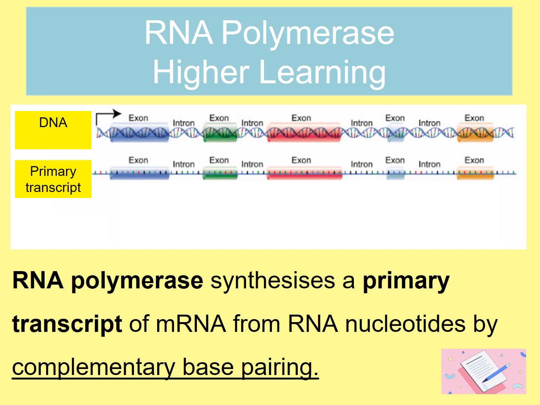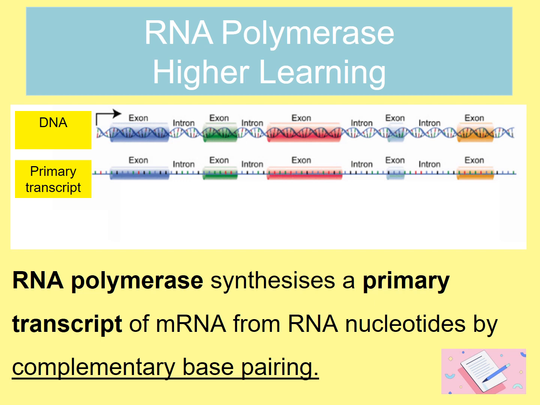RNA polymerase synthesizes a primary transcript of messenger RNA from RNA nucleotides by complementary base pairing. So as the RNA polymerase moves along the gene, it comes in contact with the DNA bases and it aligns or matches an RNA nucleotide based on the base pairing rule.